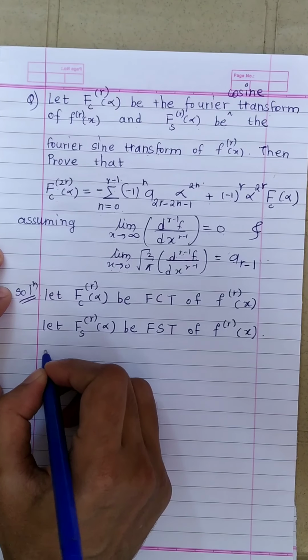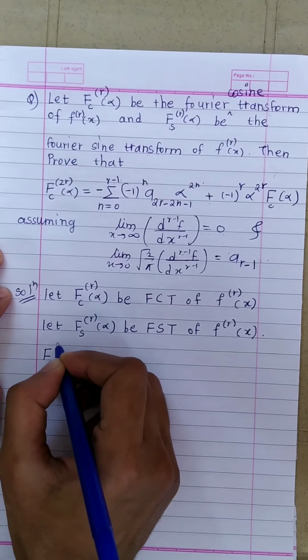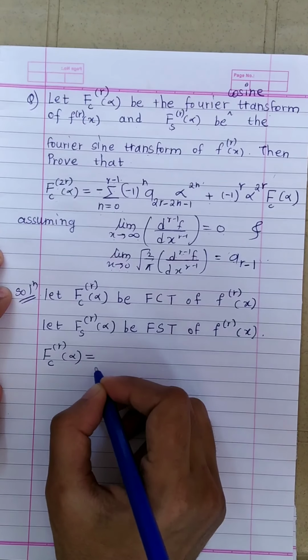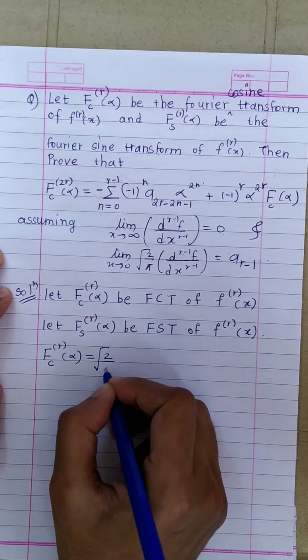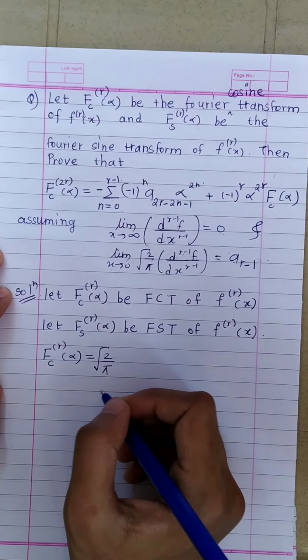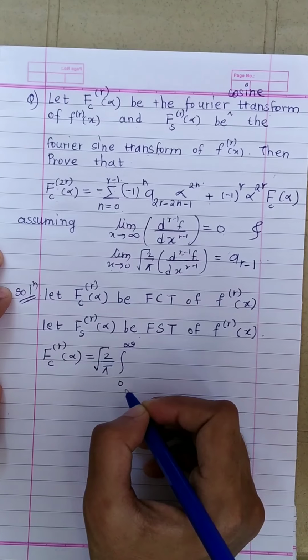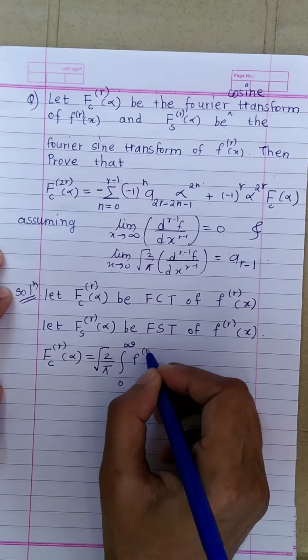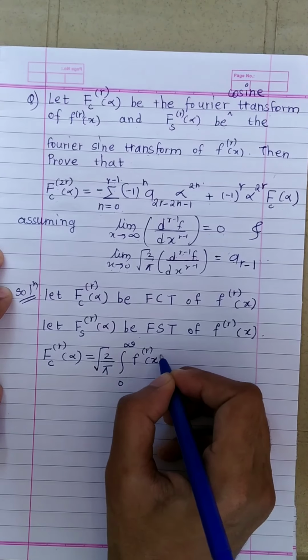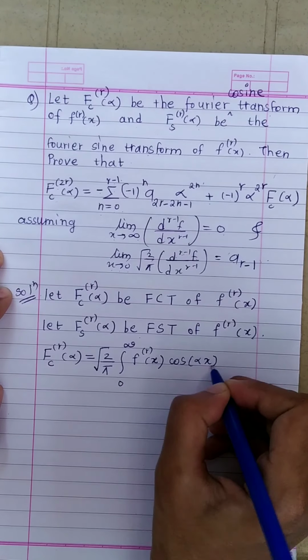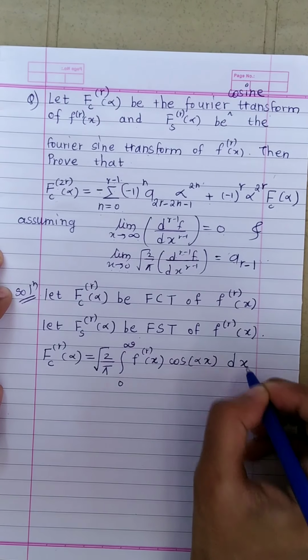By using the Fourier cosine transform formula, the Fourier cosine transform of this will be root of 2 by pi into the integral from 0 to infinity of the rth derivative of f of x cos of alpha x dx.